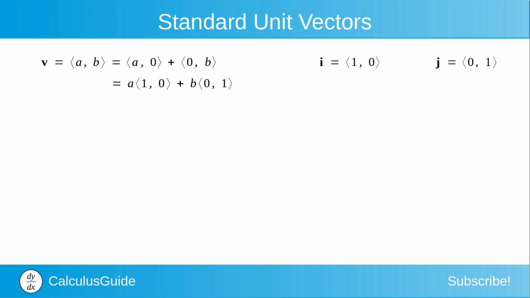The standard unit vector i is the vector 1, 0, and the standard unit vector j is the vector 0, 1. Substituting in i and j, we get ai plus bj. So for the vector v equals 3, 4, we can write this vector as 3i plus 4j.